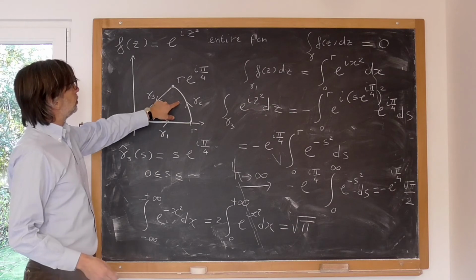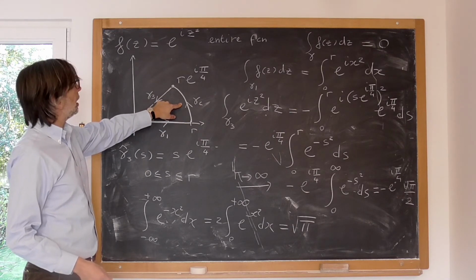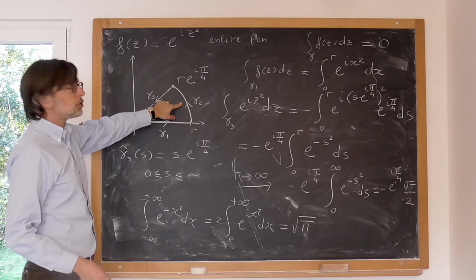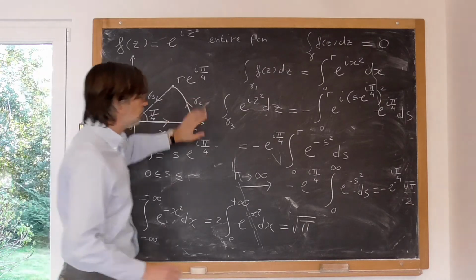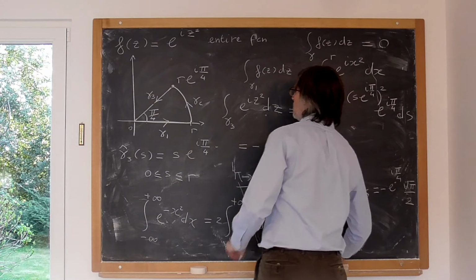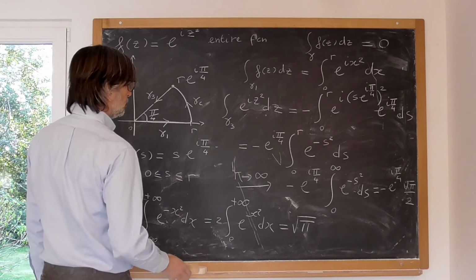The last thing we have to do is to estimate the integral over gamma 2. We'll actually show that the integral over gamma 2 goes to 0. So assuming that we know this, we will check in a moment, let's summarize what we have.